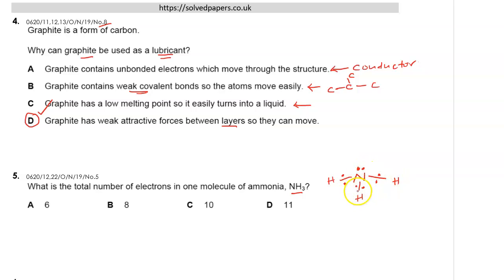So nitrogen has 5 electrons in the outermost energy level, each one sharing with hydrogen, and hydrogen also brings its 1 electron. So it is 1, 2, 3, 4, 5.